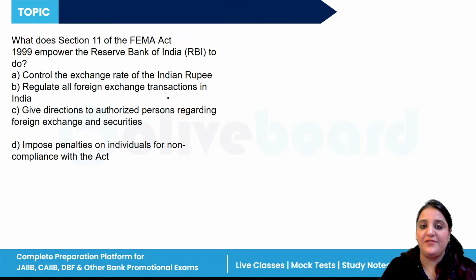What does Section 11 of the FEMA Act 1999 empower the RBI to do? We already talked about Section 11.